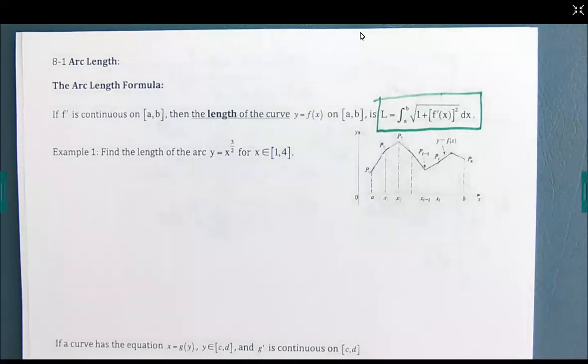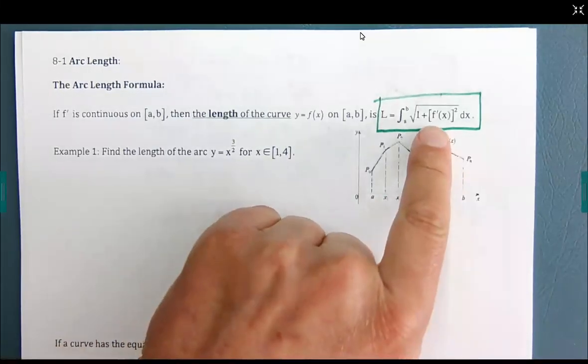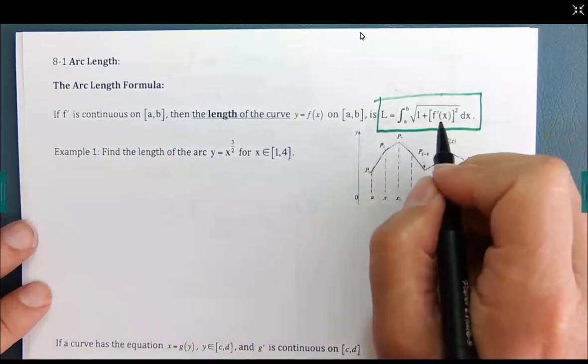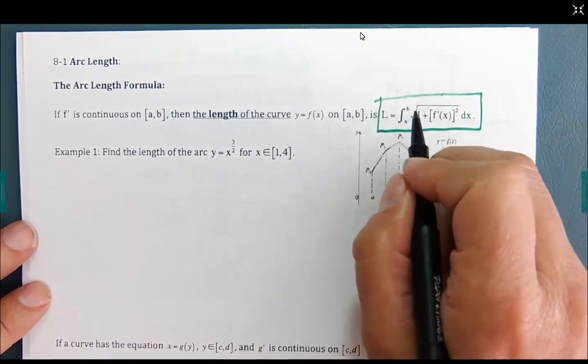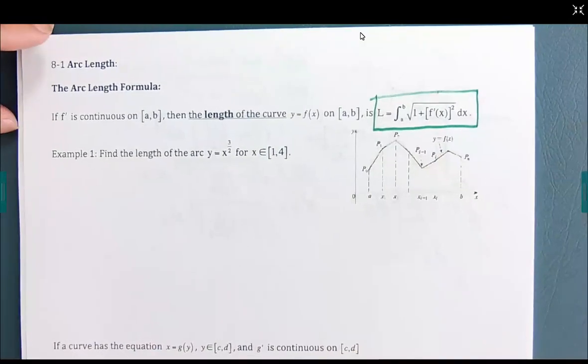And what I like to do specifically is work on that inner piece there. So I'm going to take y prime, I'm going to square it, I'm going to add 1, then take the square root, and then see where we can go from there as far as an integral goes.